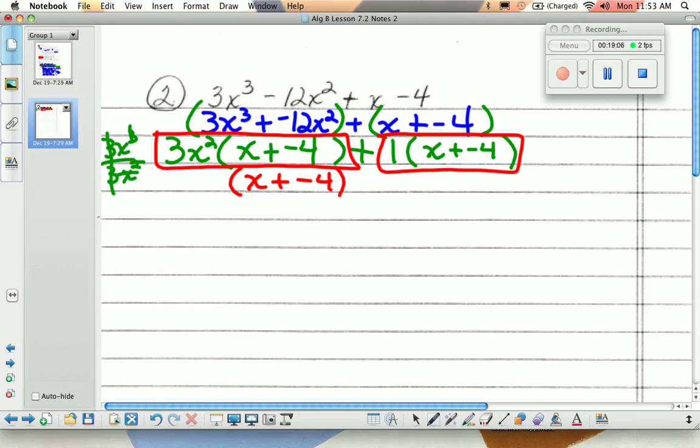After we divide x plus negative 4 out of the first piece, what's left? 3x squared. Isn't 3x squared what's left? Yeah.